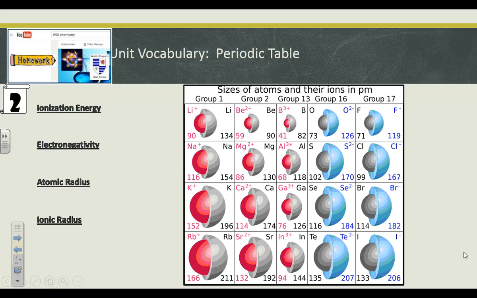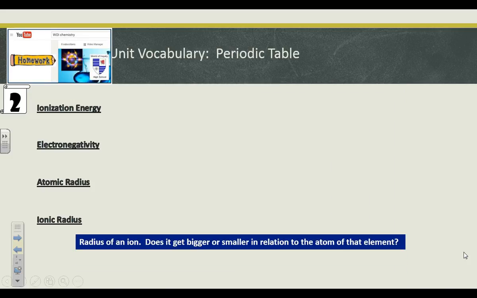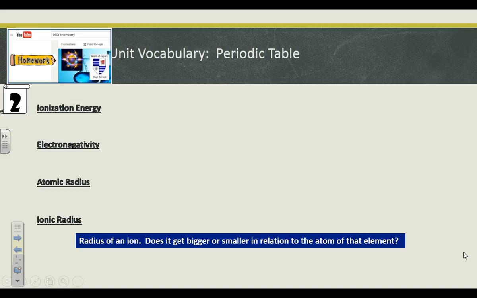And we will see positive ions are smaller because positive ions or cations are losing electrons, where anions or negative ions, here in blue, get wider or a larger radius because they're actually gaining electrons. So an ionic radius is the radius specifically of the ion of that atom. Does it get bigger or does it get smaller in relation to the atom itself?